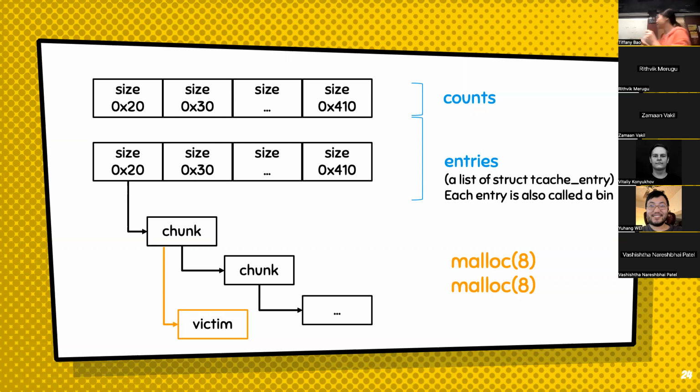Does it make sense? So if now you're calling malloc two times, and for the second time, say it is P1, this will be the victim, right? Then you can read by dereferencing this pointer, or you can write by setting this equal to maybe the win function.